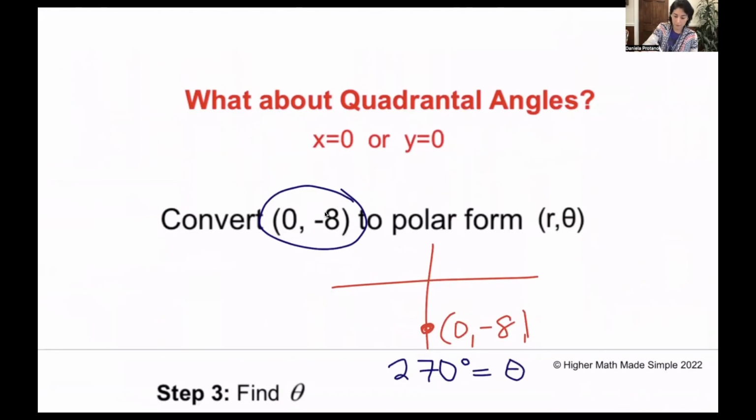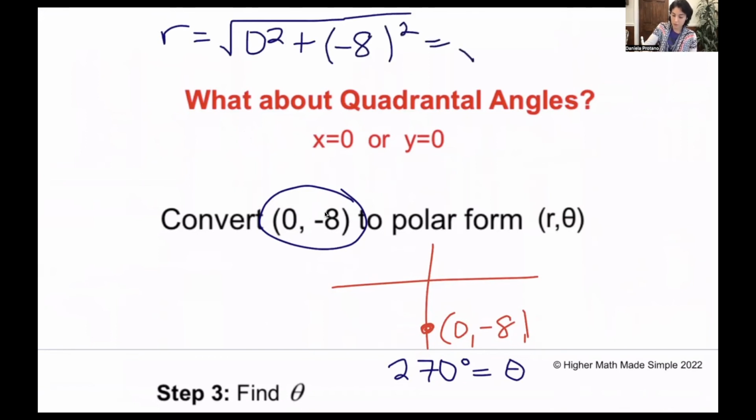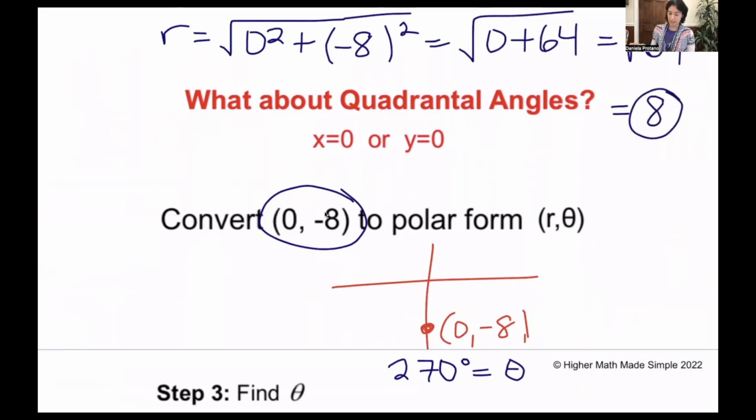So actually finding the r here would be the more tedious one. That's 0 squared, because that's x squared, plus the y squared, so that's -8 squared. 0 squared is 0. -8 squared would be 64. 0 plus 64 is 64. And last but not least, the square root of 64 is 8.